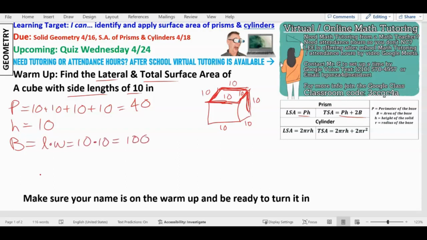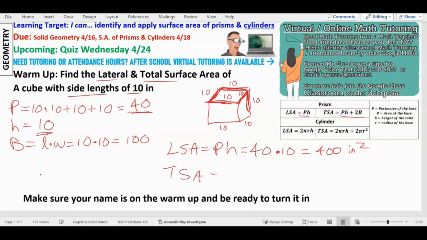Cool. So all I got to do for the LSA, PH is going to equal P, which is 40, times H, which is 10. 40 times 10 is 400 inches squared.